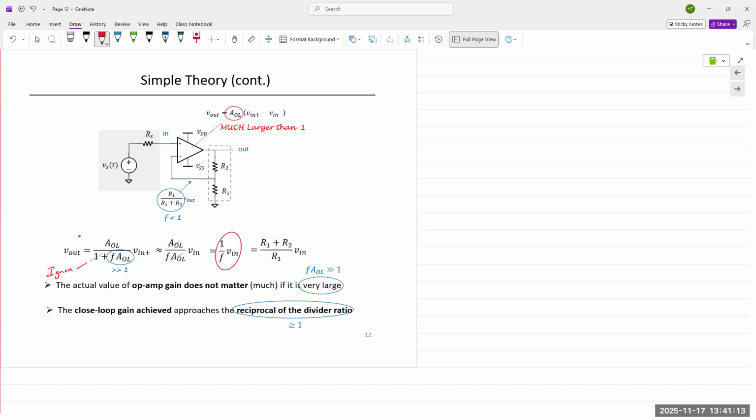So V out is V in multiplied by the ratio of the feedback resistors, R1 and R2. Okay, R1 and R2. Let's take a pause.